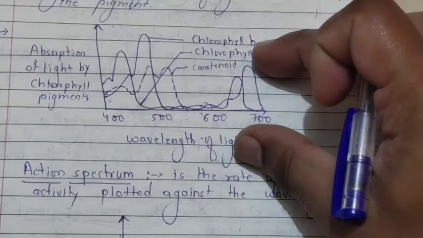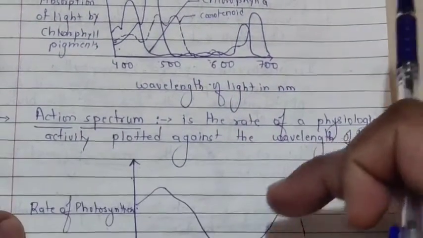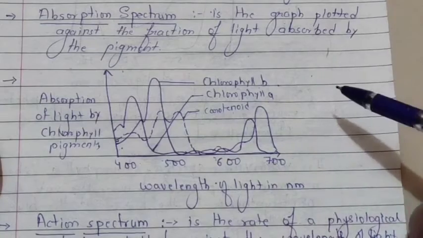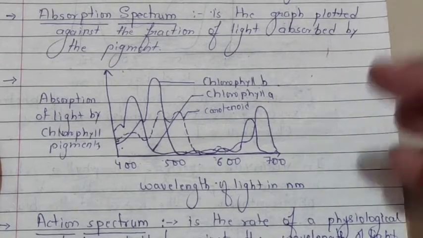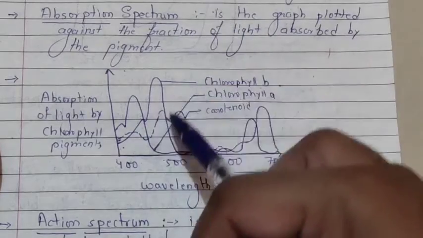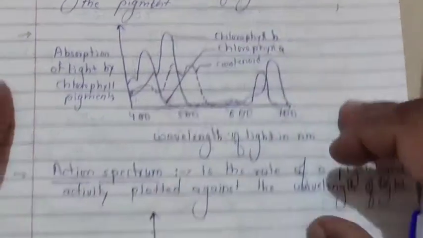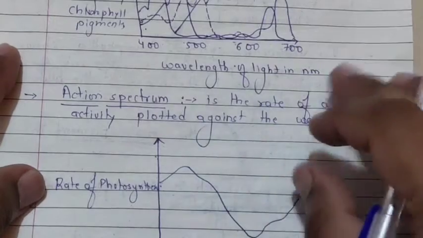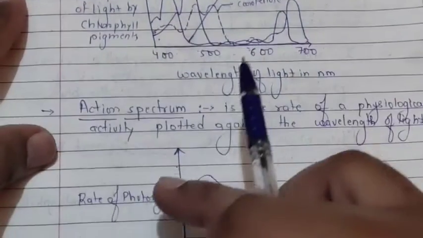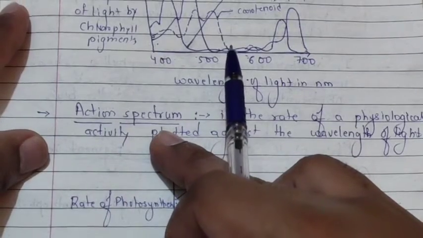Because these peaks are showing similarity with the peaks of the chlorophyll A molecule. So we will get a clear idea about the relationship between the absorption of light and the rate of photosynthesis, that is, the relationship between absorption spectrum and action spectrum.